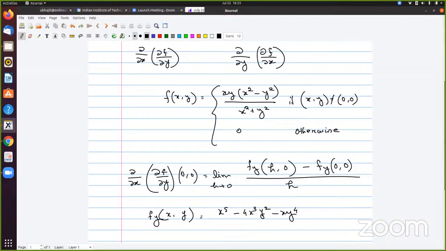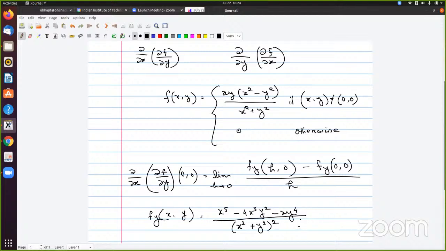Upon x square plus y square का whole square. Okay. Does everyone get this? Fy xy. No, sir. Can you please elaborate it little bit?